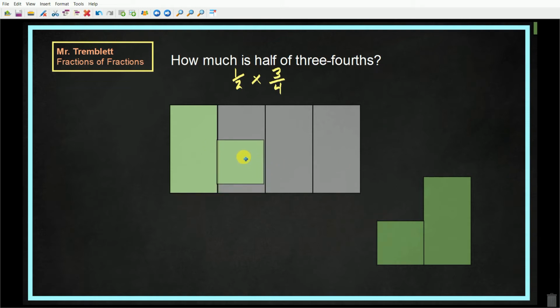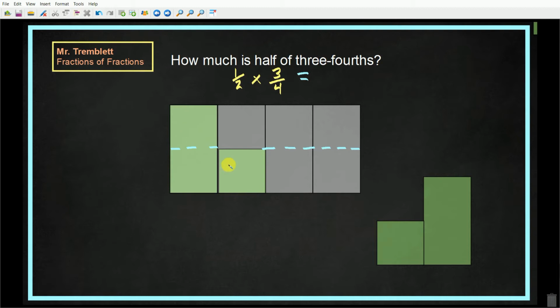So this smallest piece right here, how big is that piece? We need to find out how many pieces this size it would take to fill in the whole rectangle. There's a line going across here, so I'm imagining cutting everything in this full thing into the same size pieces.